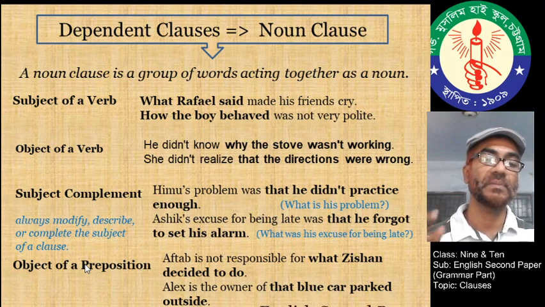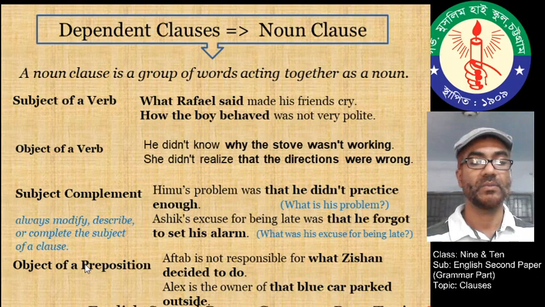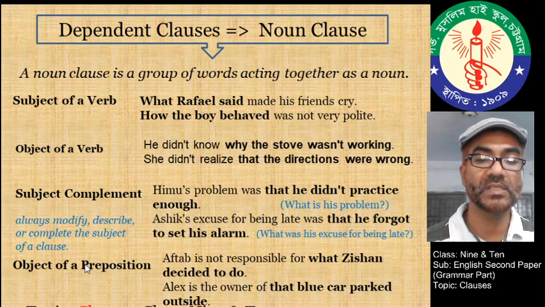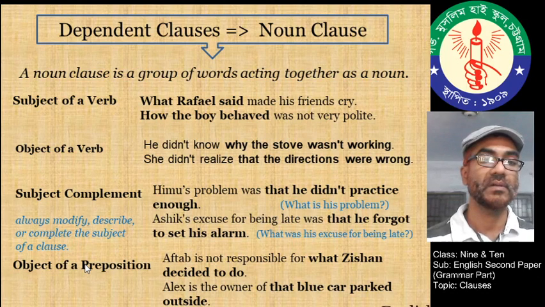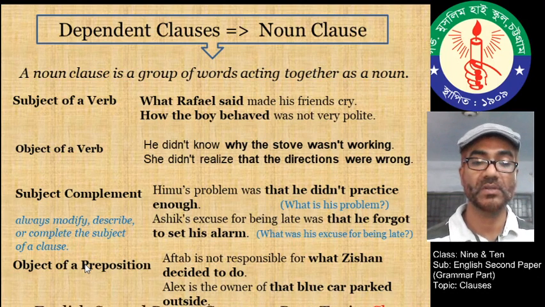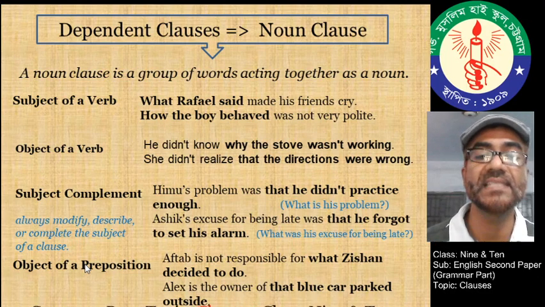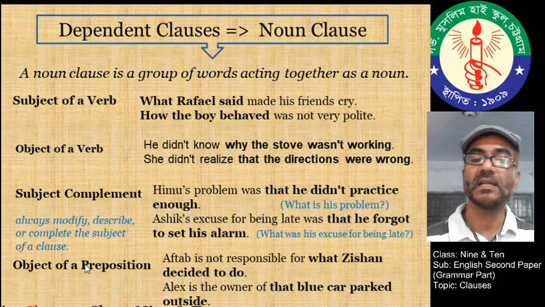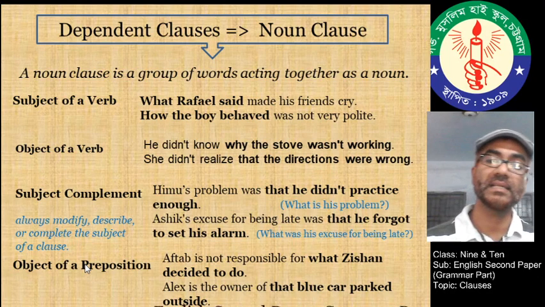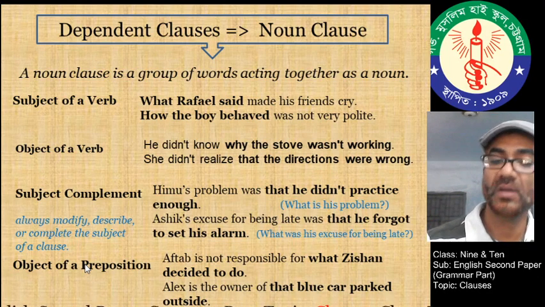Generally you will find the prepositions for and of used before the noun clause working as the object of a preposition. Next one is Alex is the owner of that blue car parked outside. That blue car parked outside is the noun clause and is the object of the preposition of.